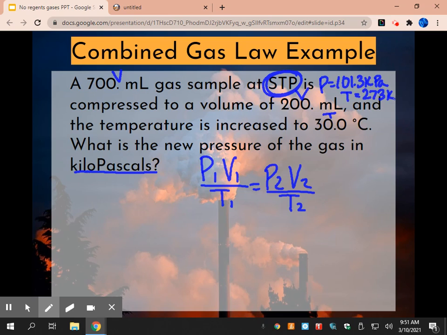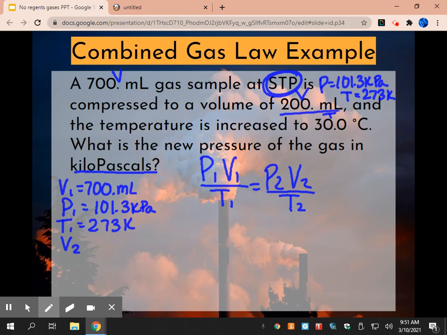So now I'm going to create my chart on the side. My V1 is 70 milliliters. It doesn't matter if you're working in milliliters or liters, just make sure your volume units are matching. My P1 is 101.3 kPa. My T1 is 273 Kelvin. My V2 is right here.